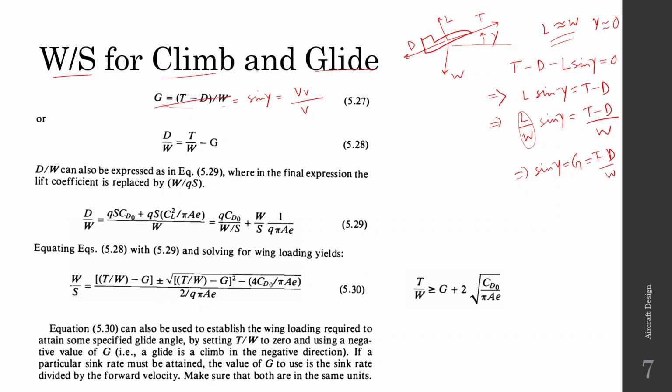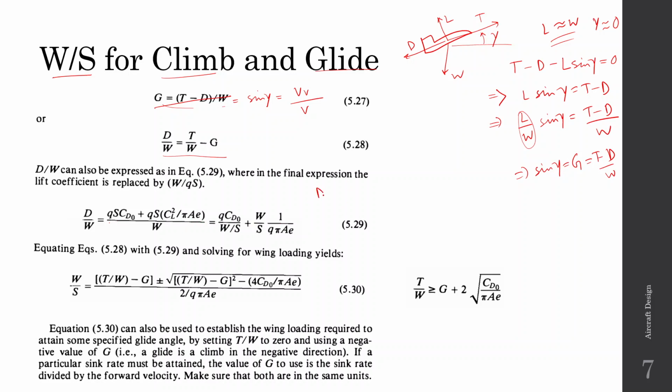Now you rearrange this equation to get drag by weight equal to thrust by weight minus g, and drag you can again expand in this form. As we saw in the previous slide, you can expand it as CD naught plus K CL square.